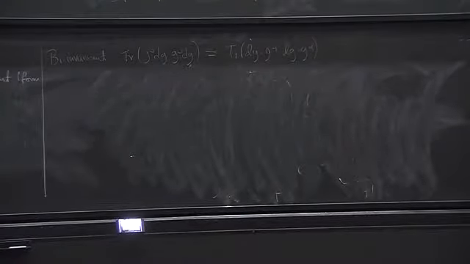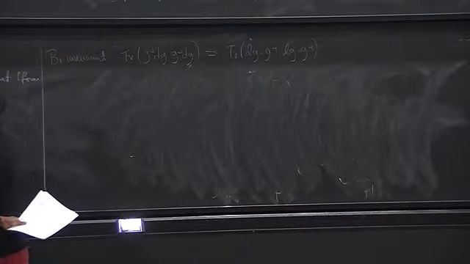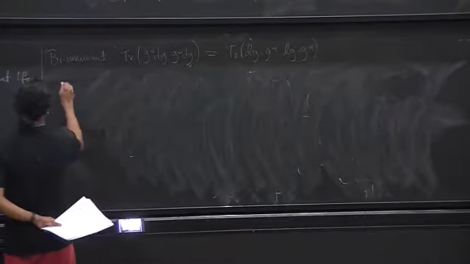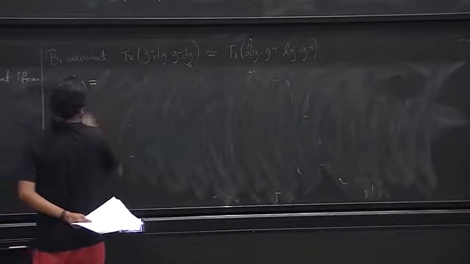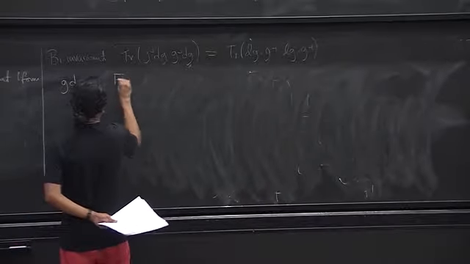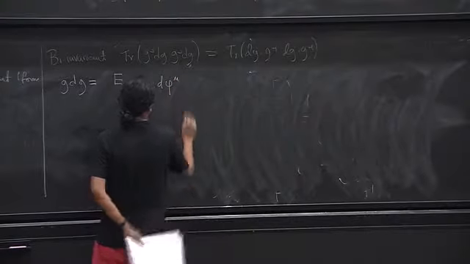Now, using the fact that this is a form as well as a Lie algebra valued object, we can expand it. Suppose phi are the coordinates on my manifold.